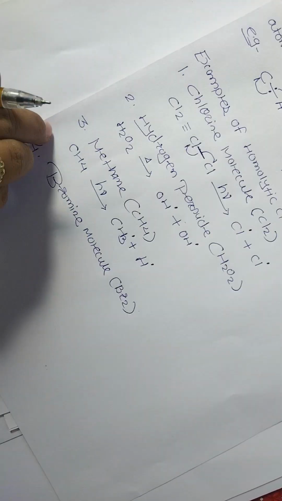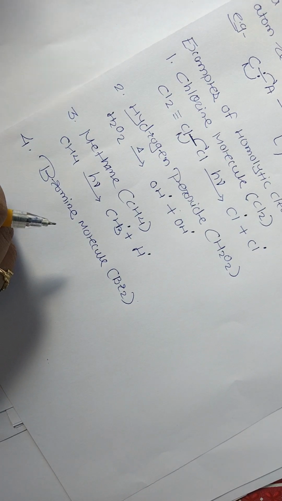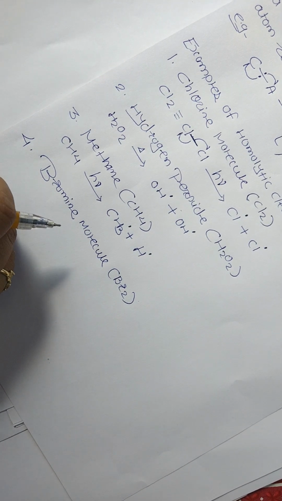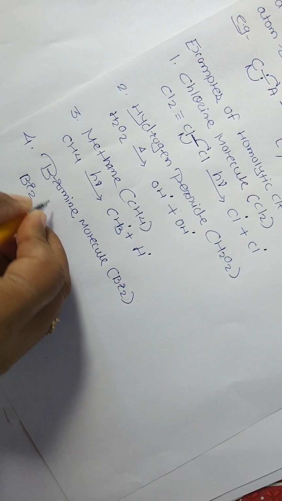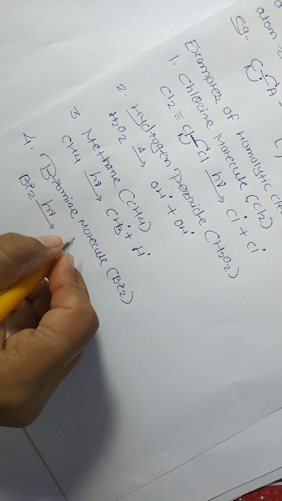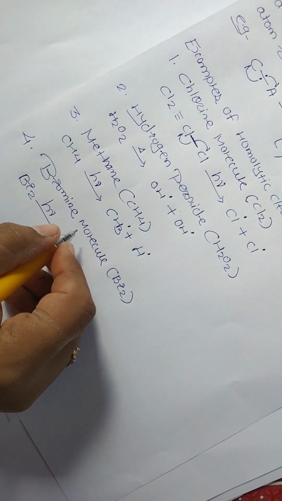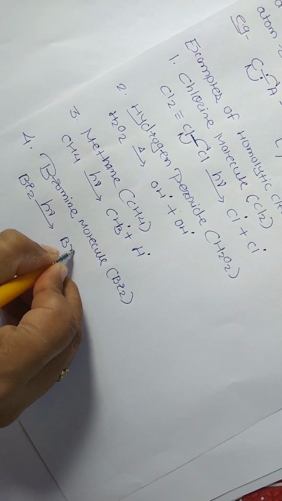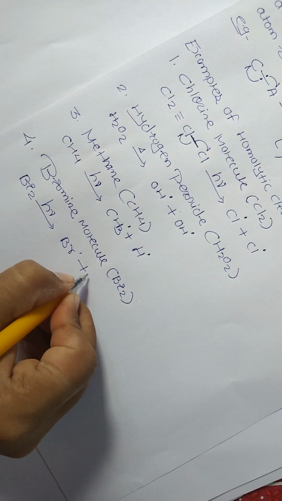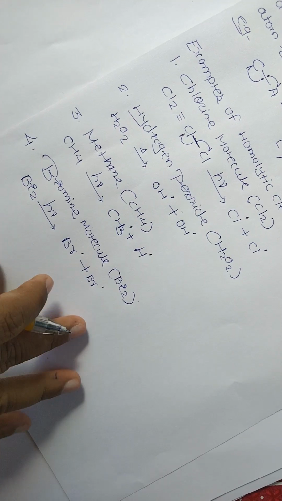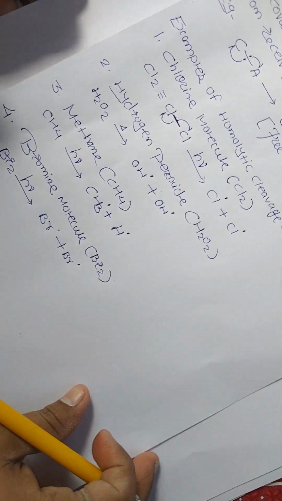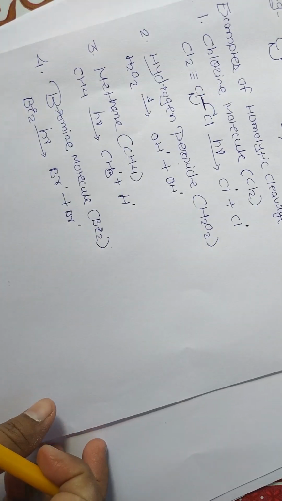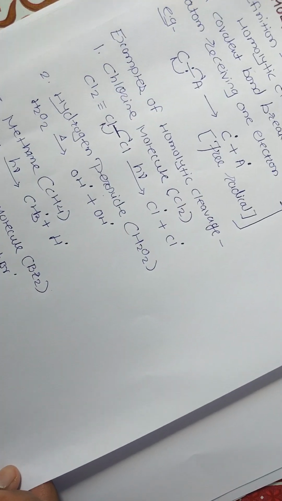Okay, under the condition of light, Br2 gives Br radical and another one is Br radical. Okay, so these all are the examples of homolytic cleavage.